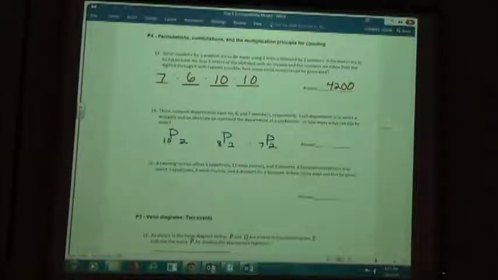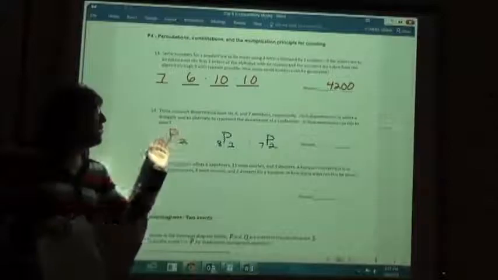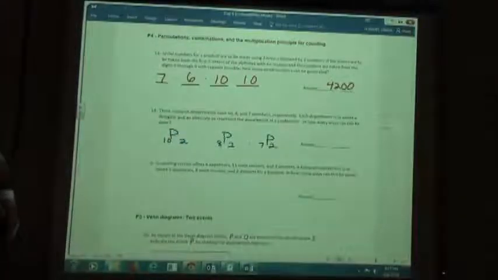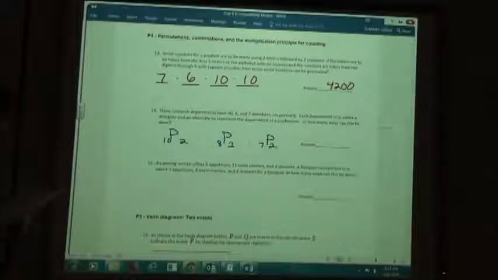For fun, instead of doing the long way, we're going to use our calculators because that's why we're learning how to use our calculator. So, we have to calculate a permutation of 10 things taken 2 at a time. So we're going to put in the 10, hit the math button, number 2 for permutation, and then put in the number 2 for 2 at a time. What do we get for our answer if we do that?